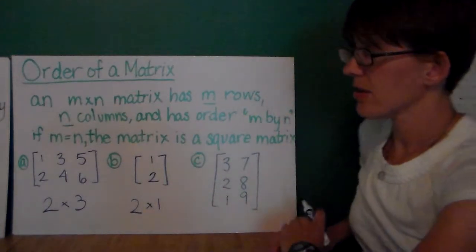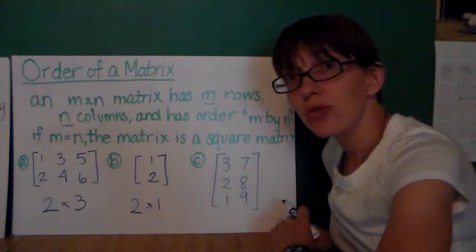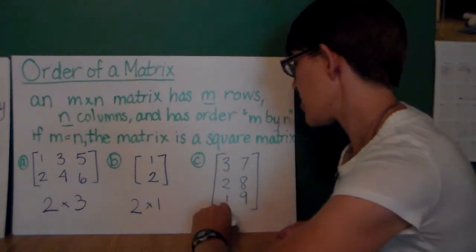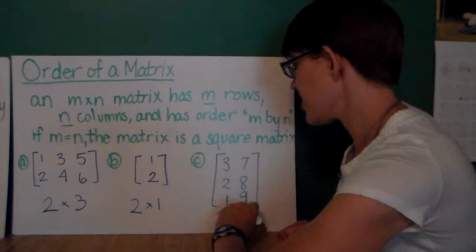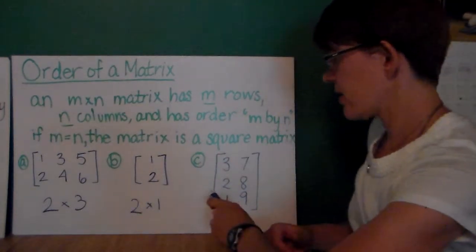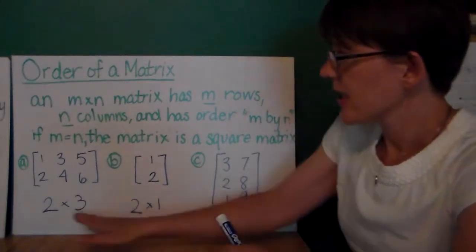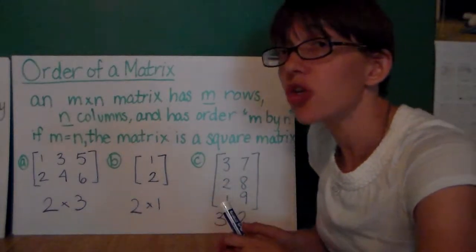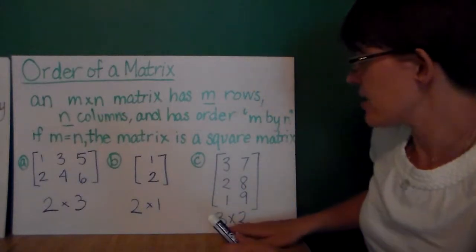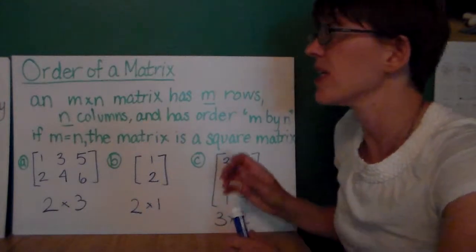This matrix has 3 rows and 2 columns. It is a 3 by 2 matrix. Notice that A and C look very similar to each other, but A is a 2 by 3 matrix and C is a 3 by 2 matrix. It's important to know the difference between these.